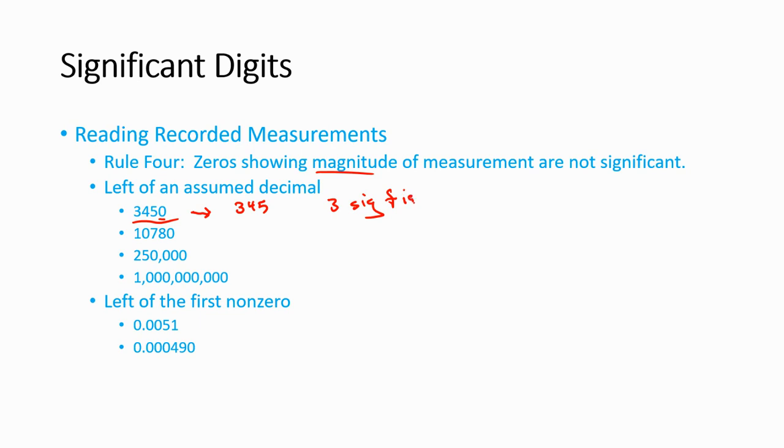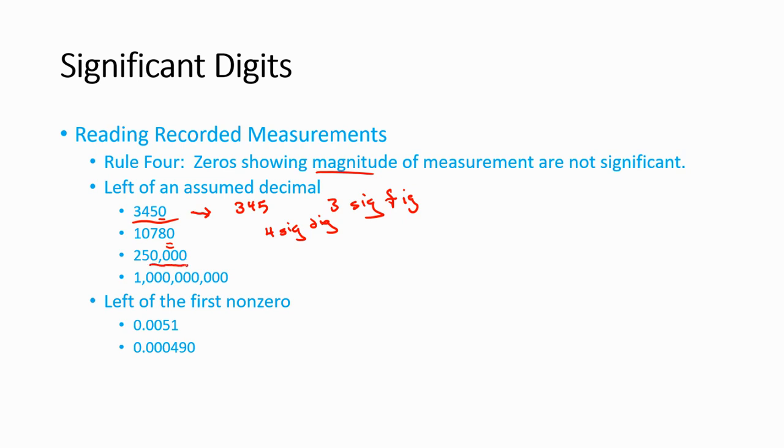Likewise, 10,780. The last zero is a placeholder. It shows us that this is a number in the 10,000s, and therefore it's not significant. It only has 4 significant digits. 250,000.